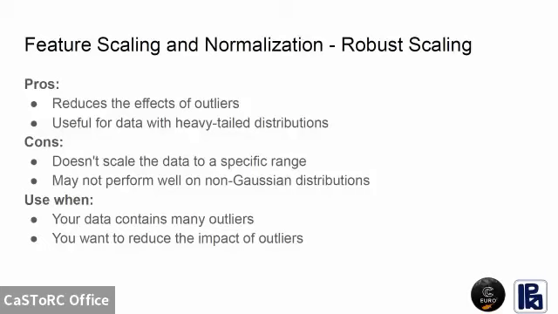So this method can handle scale very well and can handle outliers in your data set very well. For example, it is very useful if you have a heavy tail distribution. So, for example, when you plot your data set, it leans into one part and you don't have equal representation of your distribution.